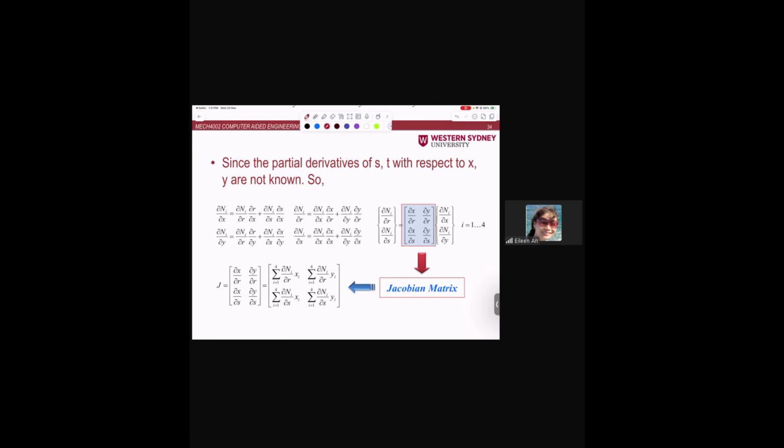Stress and strain, we have to get the solution in the global coordinate system. So the stress in XY direction and stress in ST direction are totally different. So after we finish the node displacement calculation, we need to convert all those solutions from the local coordinate system to the global. Then we have to use the Jacobian matrix.